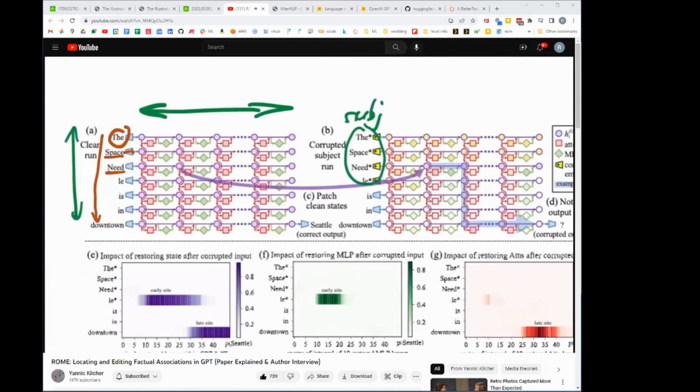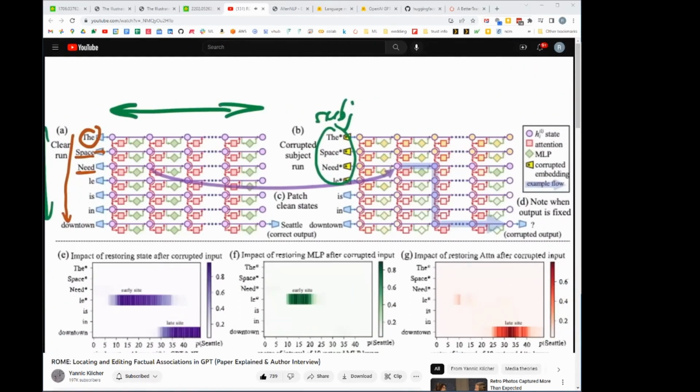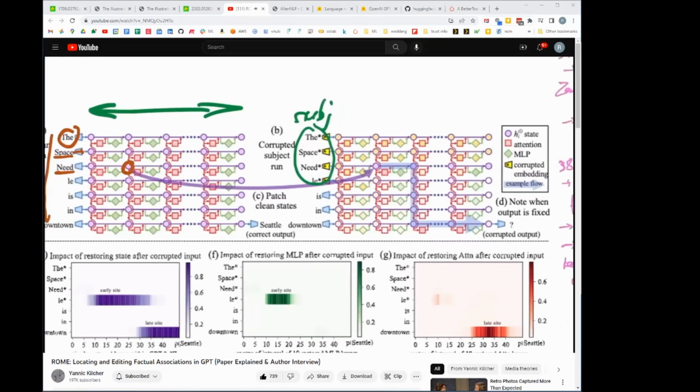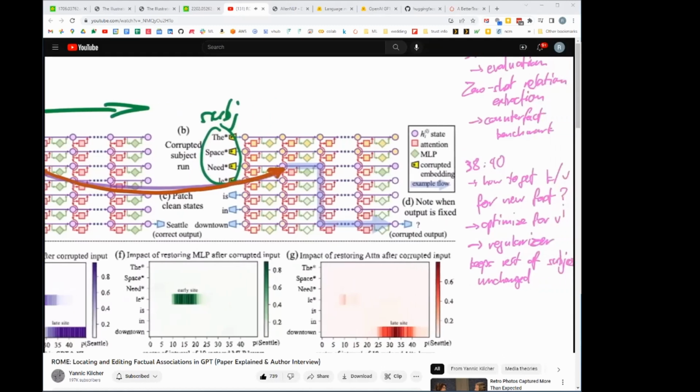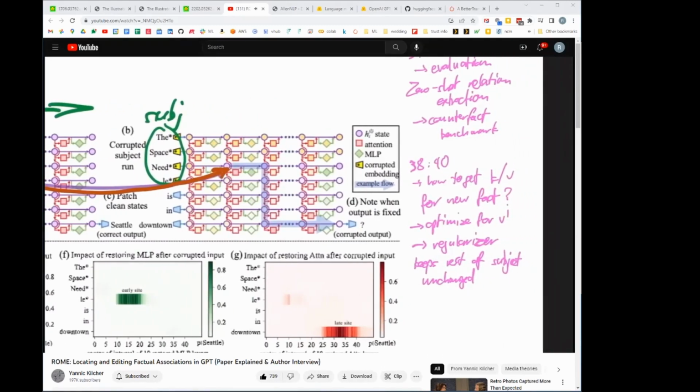They now take each one of these things here individually. They take a hidden state and they just copy it over. So instead of what the model gets as an input at this particular hidden state, from this path and from this path and from this path here, it just ignores that particular hidden state and replaces it with the one from the clean input.